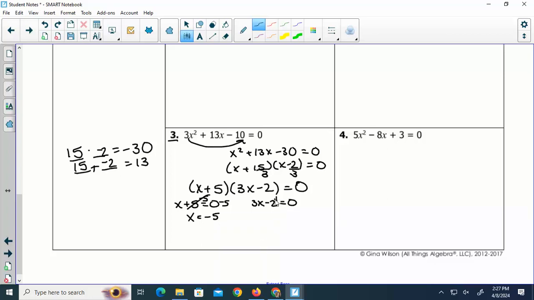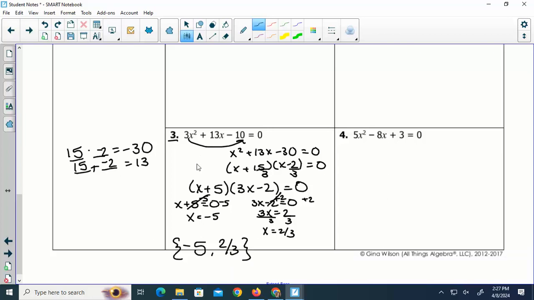Over here you would have to add your 2. And to get x by itself, we still have to divide by 3. So that's 2/3. And we put them in the solution here, so negative 5 and positive 2/3.